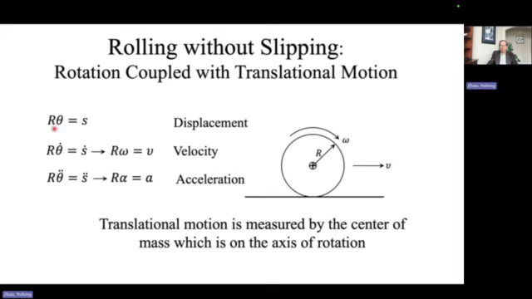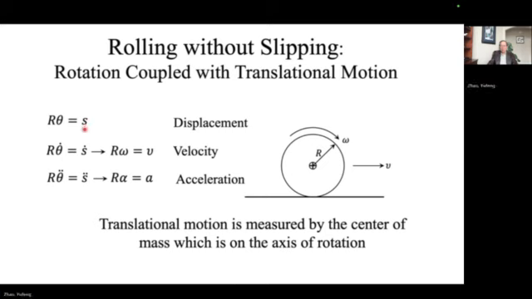That is, the radius of the cylinder times the angular displacement equals the translational displacement, because the linear displacement is measured by the length of the arc, or the circumference of the cylinder.